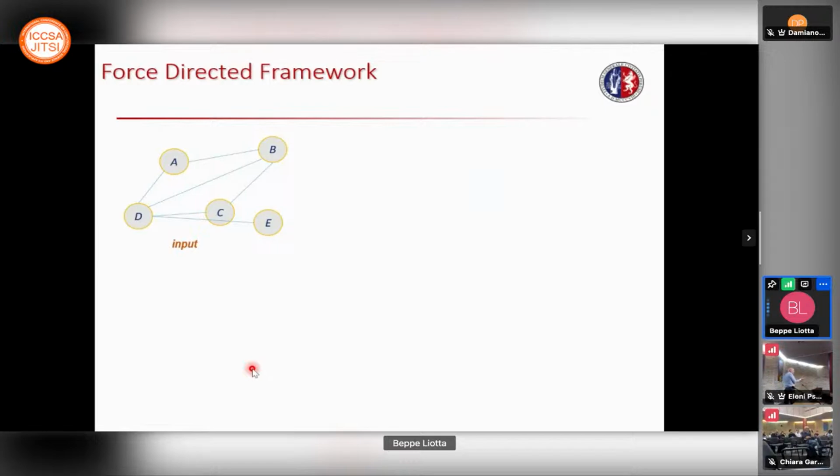You have your network. Every node, say, is a disk of metal, and every edge is a spring. Then you also charge your disks of metal with a positive electrical charge so that they would repel one another.